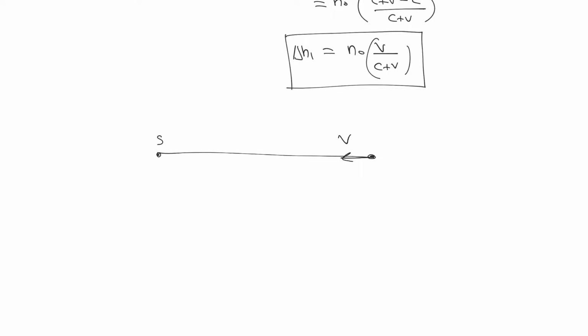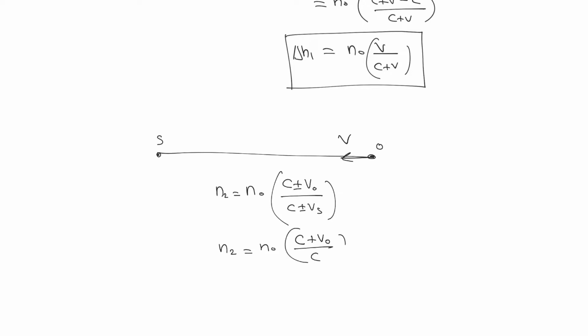From the equation, apparent frequency is equal to actual frequency into c plus or minus velocity of observer divided by c plus or minus velocity of source. So the apparent frequency is n0 into, since the observer is moving towards the source, c plus v0 divided by c.